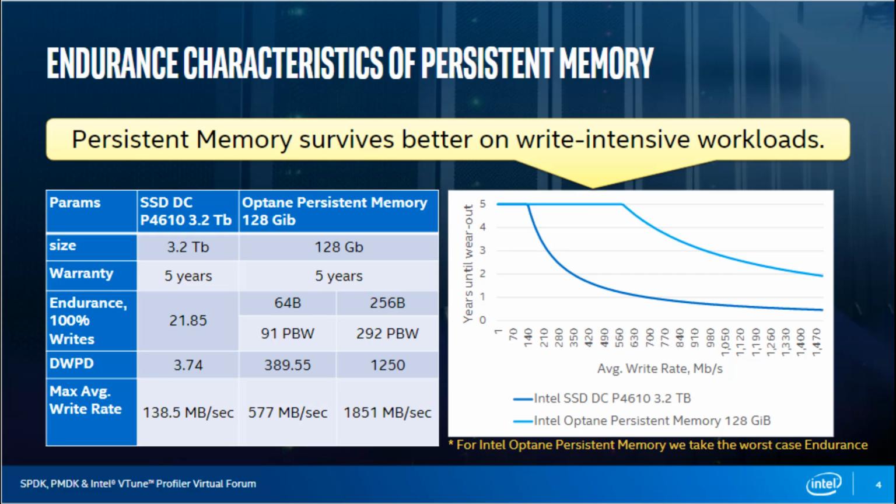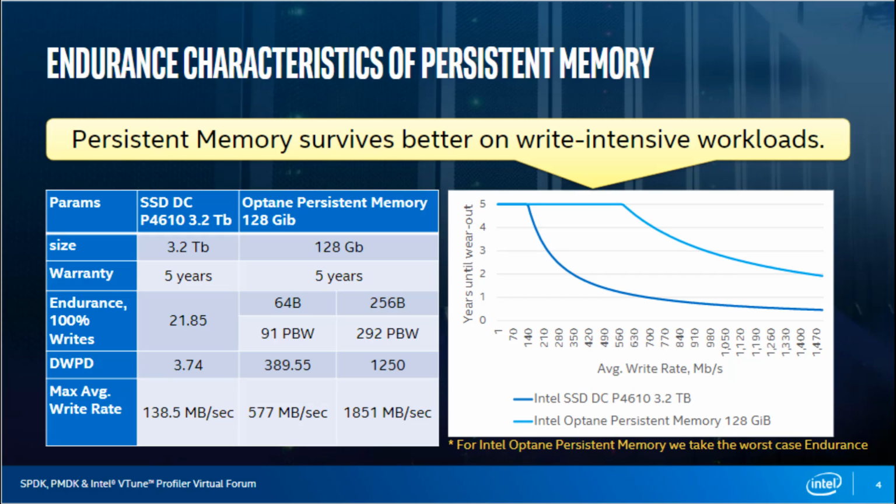I also tried to illustrate it on the diagram on the right side, showing the dependency of lifespan on the write rate. For example, if the write rate is too high, persistent memory survives better on write-intensive workloads compared to NAND SSD.